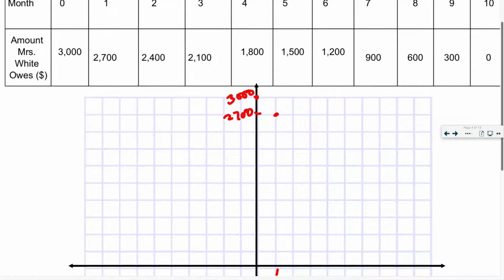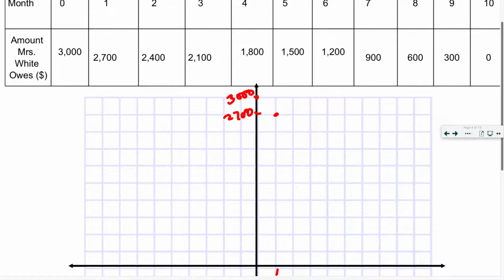But now you think that every unit has to be just 1. But it's not. We're going from 3,000 down to 2,700. We are going down 300. That is a key mistake that some of you made on yesterday's DOL that we need to see moving forward. It's not -1 over 1. It's actually, we moved down 300 and over 1 month.